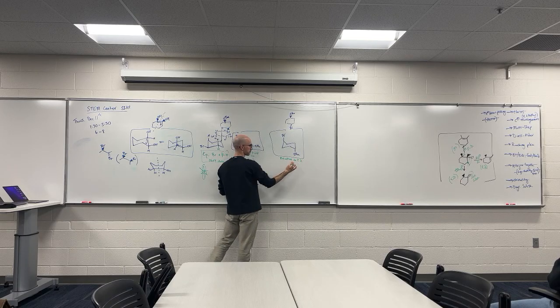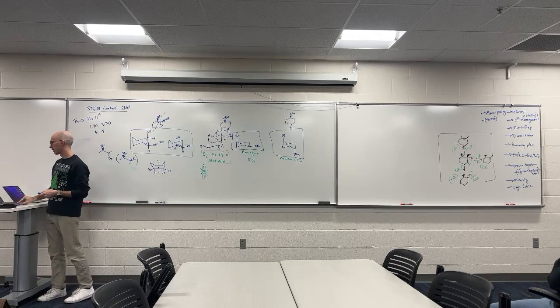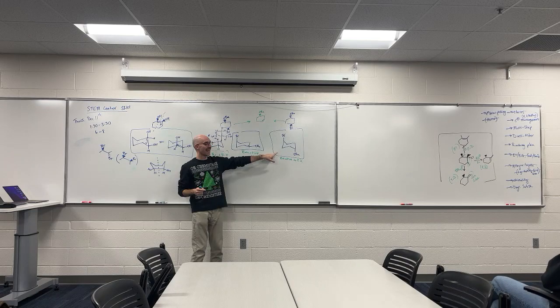I need to get it to that energy before it can react. If this is reactive to E2 and it's the higher energy conformation, that means I need a lot of energy to be able to make this compound in this conformation in order to do E2.